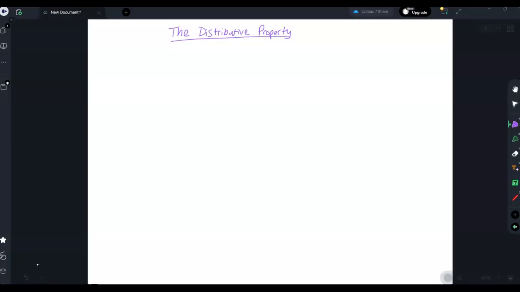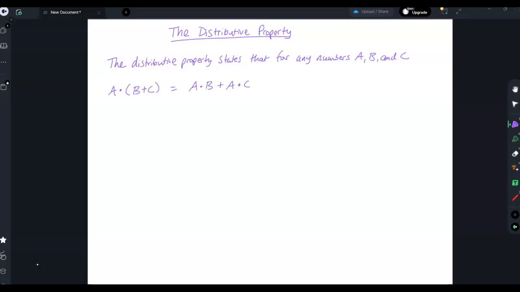So we can say that the distributive property states that for any numbers a, b, and c, a times, in parentheses, b plus c is the same thing as a times b plus a times c.